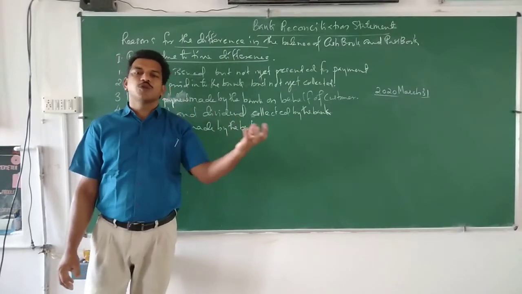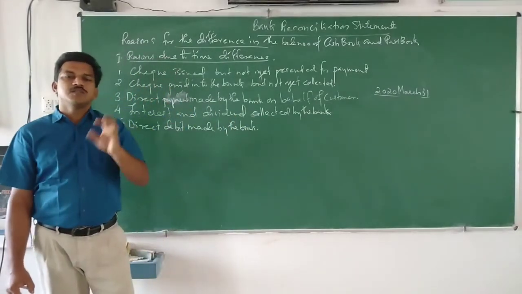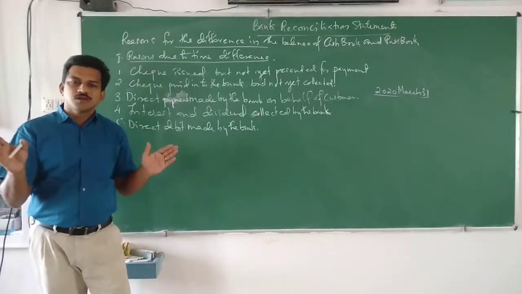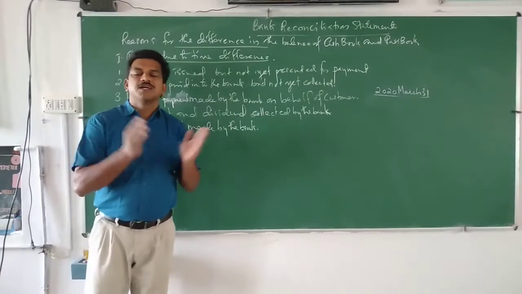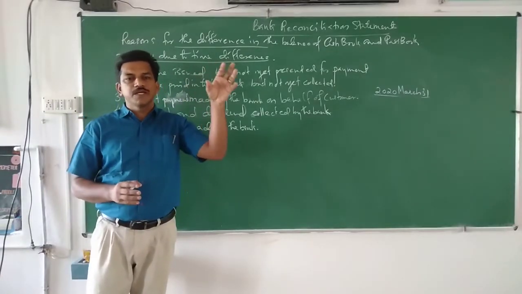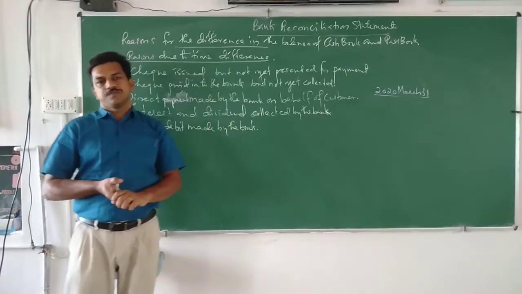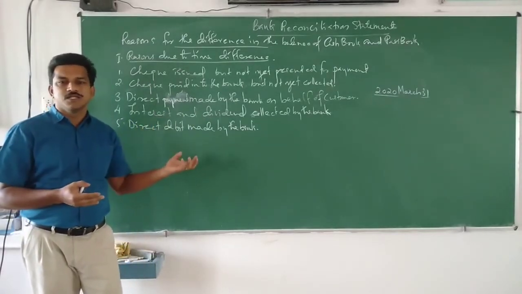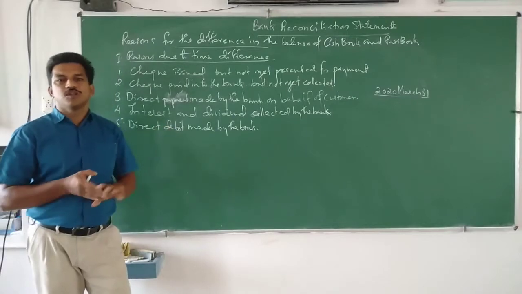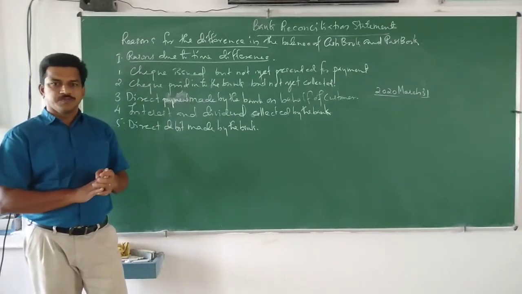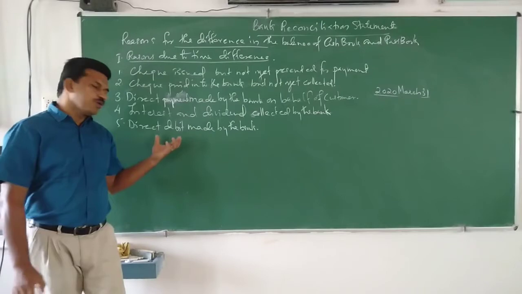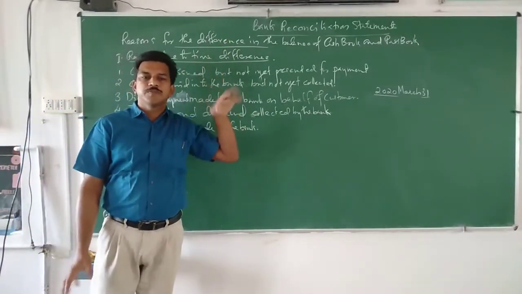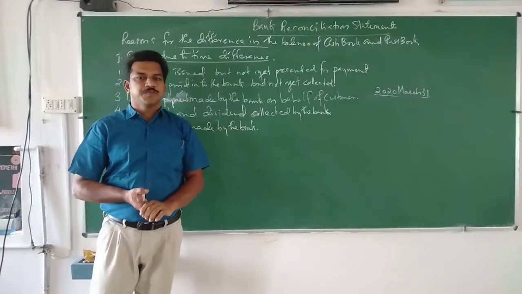Or if we have taken an overdraft from the bank, the bank will charge interest for the overdraft. All these will be called bank charges, and that amount will be debited in the bank account. But we will not know whether it is debited or how much is debited. So in that case also there will be differences between the bank passbook and the cash book.